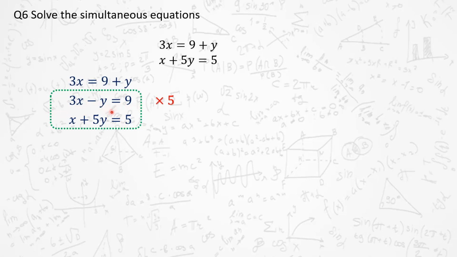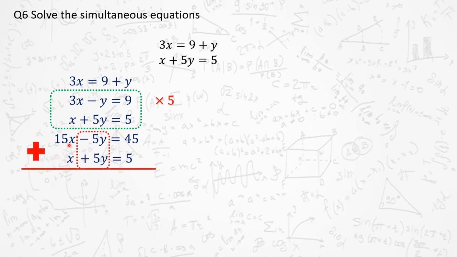So 3x minus y equals 9 becomes 15x minus 5y equals 45. So 15 comes from 3 times 5, minus 5 comes from minus 1 times 5, 45 came from 9 times 5. Copy down my bottom equation again. So now I have a pair of simultaneous equations with y terms the same, but with different signs. If they're different, I need to use addition.